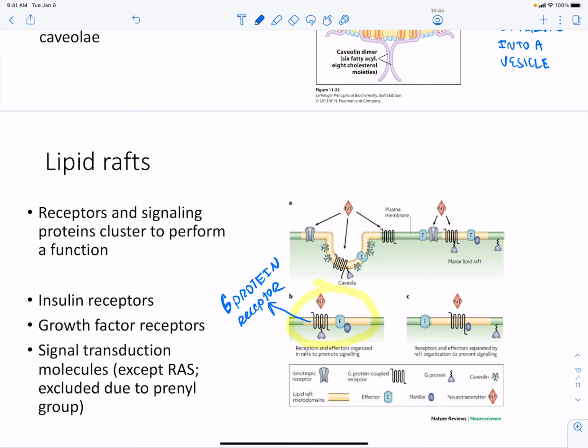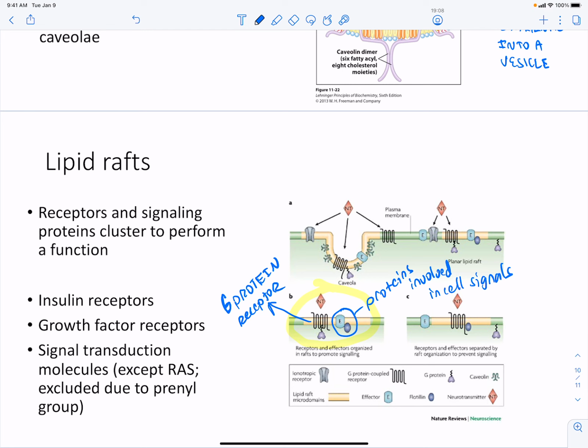And then next to it are going to be proteins involved in cell signals. And so within these rafts, you're going to locate or congregate proteins that are important for whatever that receptor is going to need for signaling.